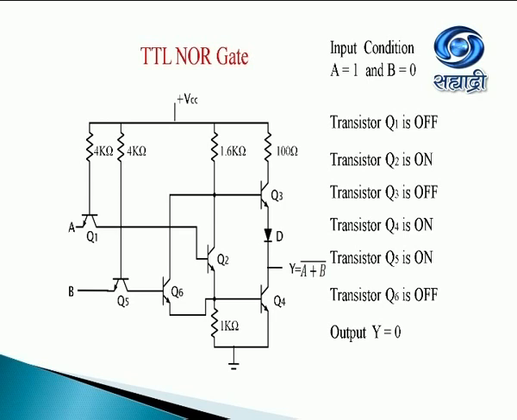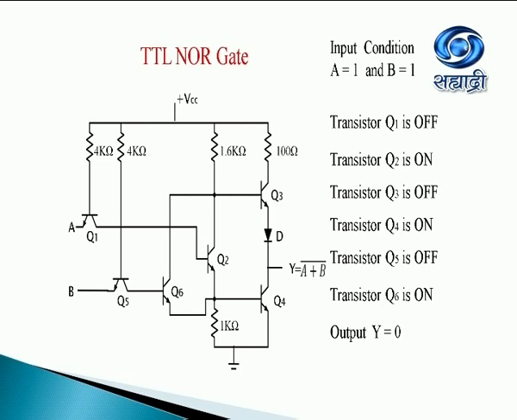In next condition, when A is equal to 1 and B is equal to 0, at that time exactly opposite will happen. When A is equal to 1, transistor Q1 will not conduct. When Q1 will not conduct, its collector voltage is high. It is applied to base of transistor Q2 and so transistor Q2 will conduct and current will flow. So Q4 will conduct and you will get output Y is equal to 0. Fourth condition, A is equal to 1 and B is equal to 1.